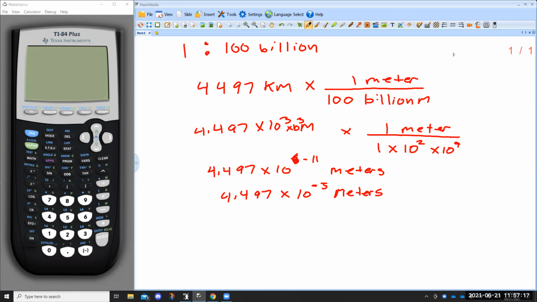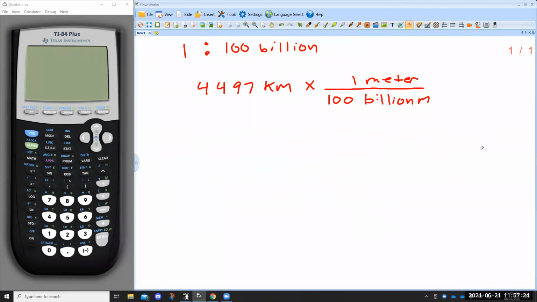Well, let's just do it this way instead then. Since I have it in kilometers to start off with, let's go kilometers and then let's change kilometers to meters. That's easier. So let's say that 1 kilometer in our scale model will represent 100 billion kilometers. And if this was, oh, I forgot the word million.